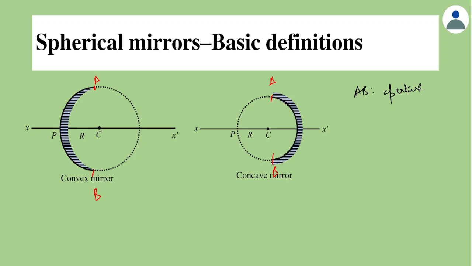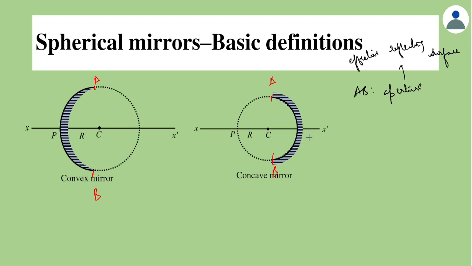Aperture means it is the effective reflecting surface. It basically means it is that part through which light would reflect.